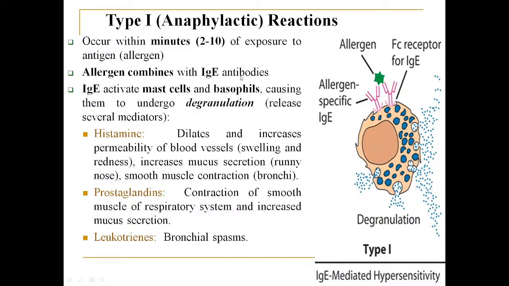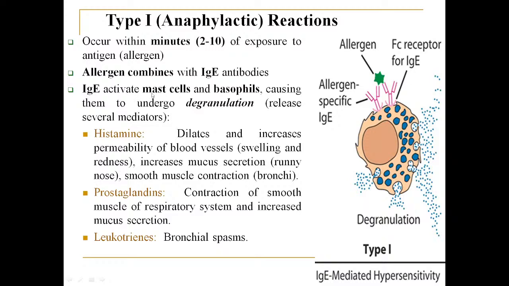Some minutes ago, I said to you that the first contact with the allergen causes activation of immune cells and production of IgE. So, in the patient's organism, IgE circulate in the bloodstream. When the allergen enters the human organism the second time and every following time, it combines with IgE circulating in the bloodstream.